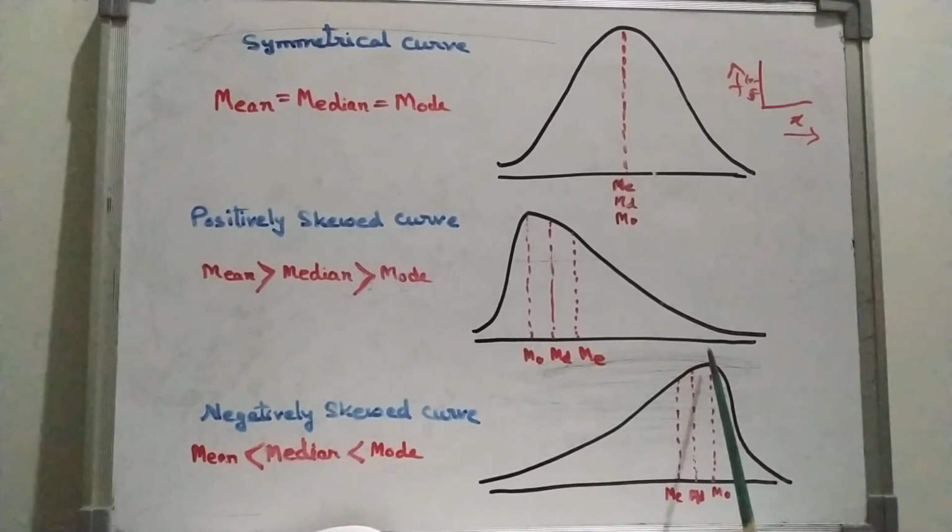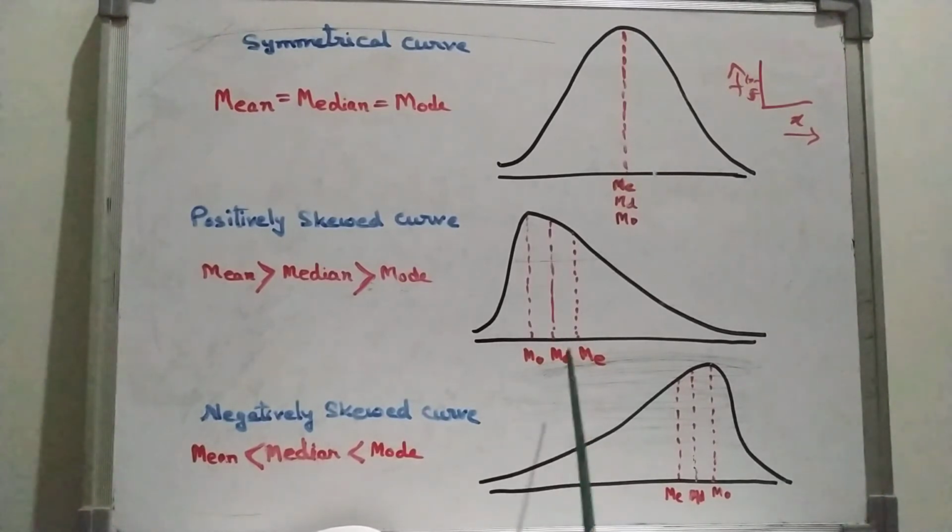Same here, first put the mode value, then move to the longer side, the side which has the longer tail. So first the mode, then median and mean. Median is always kept in the middle.